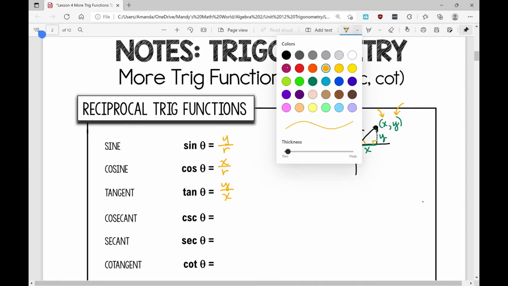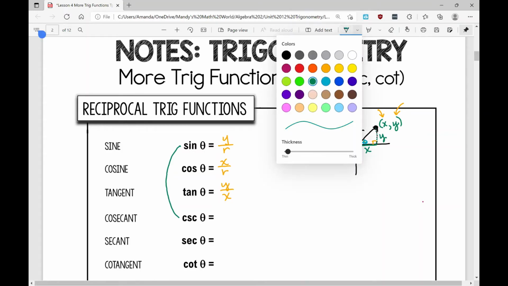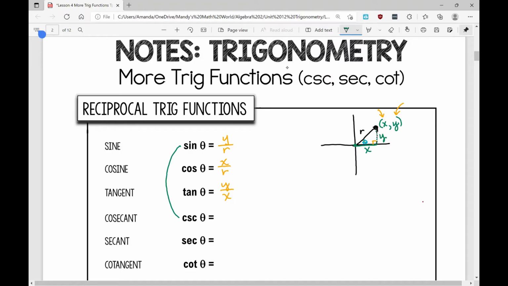So the cosecant trig function is the reciprocal of the sine trig function, which means the cosecant of theta, which I've shown to be like this angle measure right here, we'll call this angle measure theta. The cosecant of theta is going to be not y over r, but r over y, or 1 over the sine of theta, okay? 1 over sine.